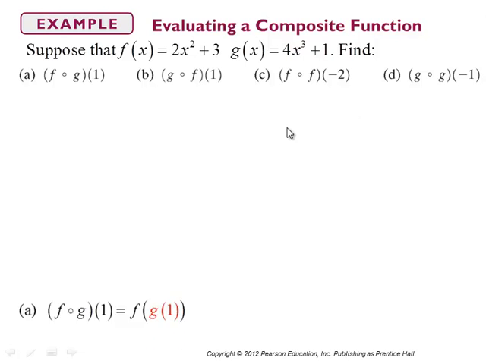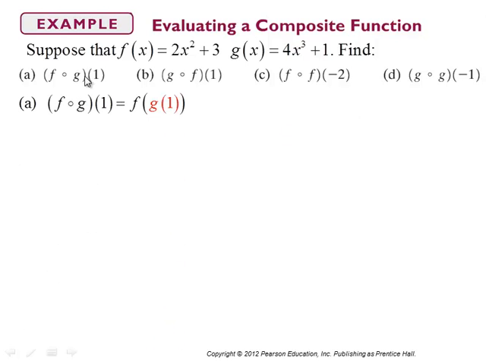So let's start off with the first one, f composed with g. Now f composed with g of 1 is really the same thing as f of g of 1. So what we need to do is find g of 1. That means for the g function, replace x by 1. So you have 4 times 1 cubed, which is 4, plus 1 is 5.